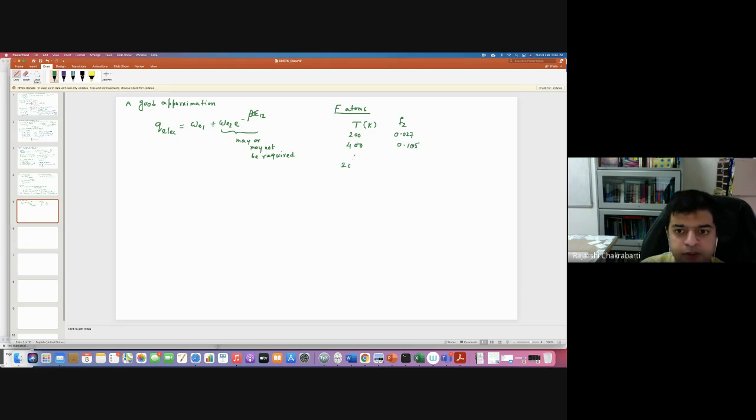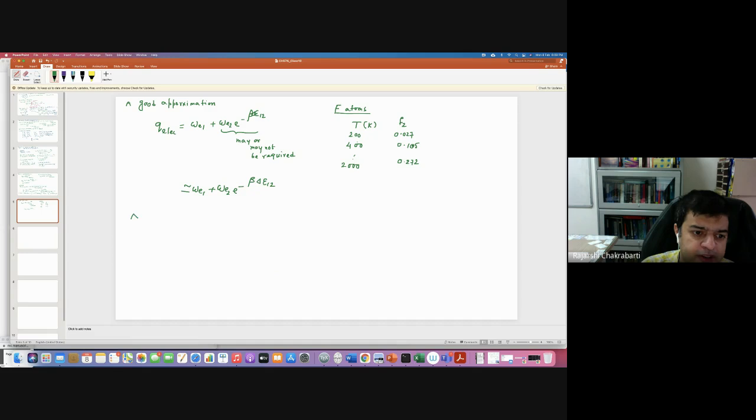And at 2000 Kelvin, a very high temperature, this fraction is 0.273. So maybe for this you need the extra term, but in most cases you don't need it. But we'll stick to this approximation.